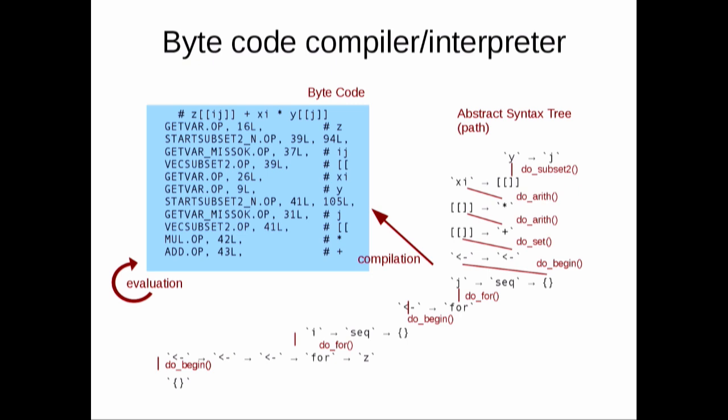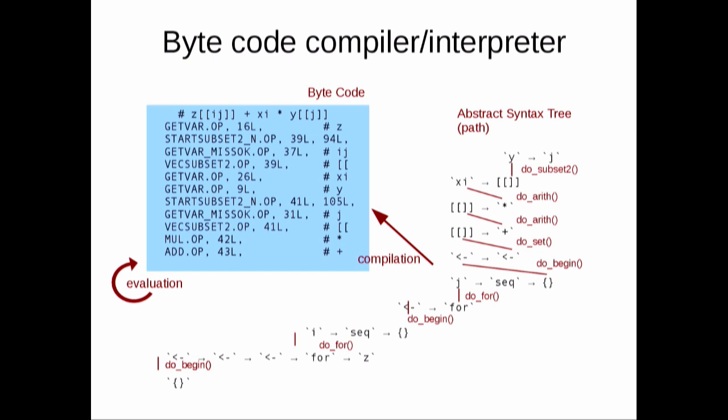So this is a sequence of instructions. Normally, of course, you don't have to worry. This is just to give you an idea what is going on. And this part of the bytecode I'm showing is again to implement the access to vector y, the jth element.